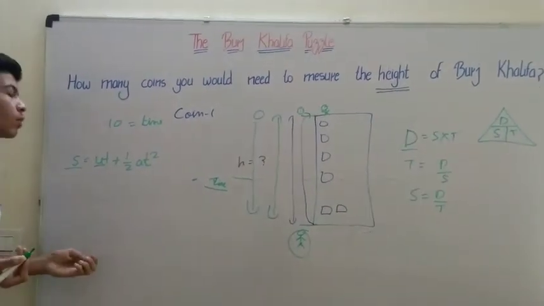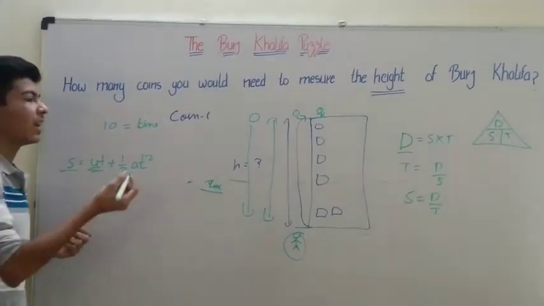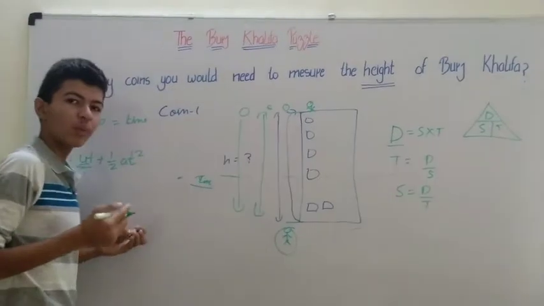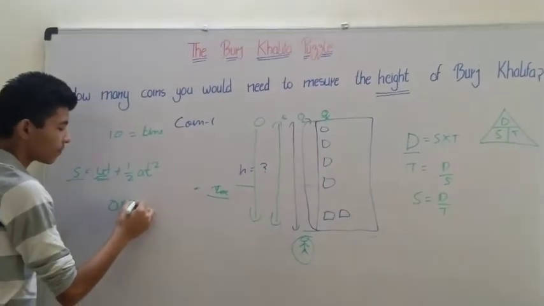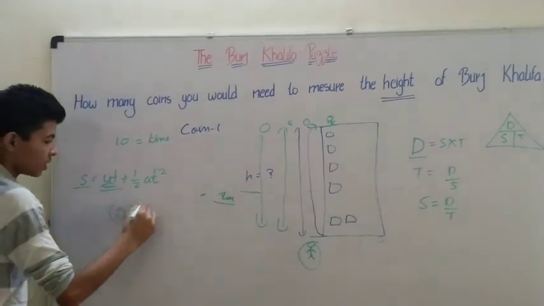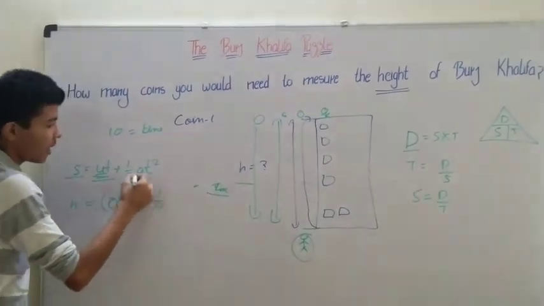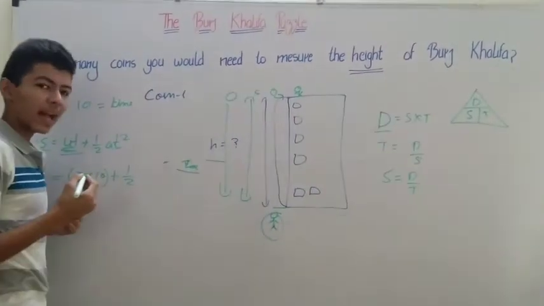What is the initial velocity? It is 0, because at the point we start throwing, the coin is at rest. So 0 multiplied by 10 is 0, plus half.